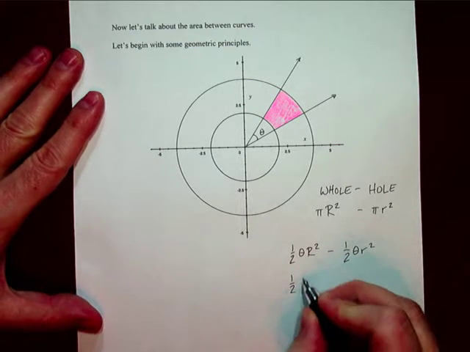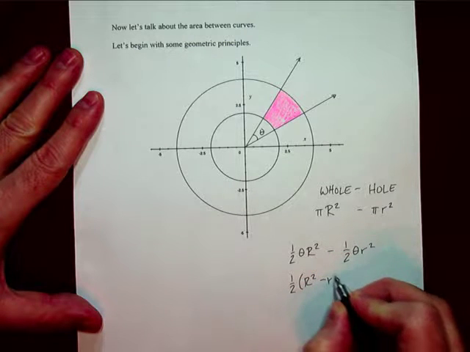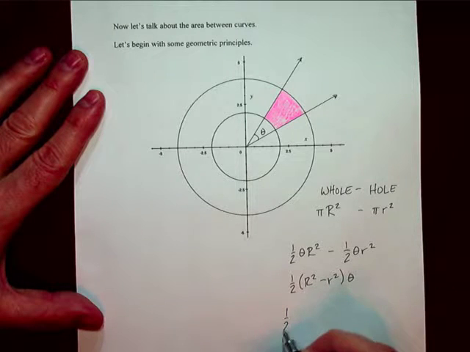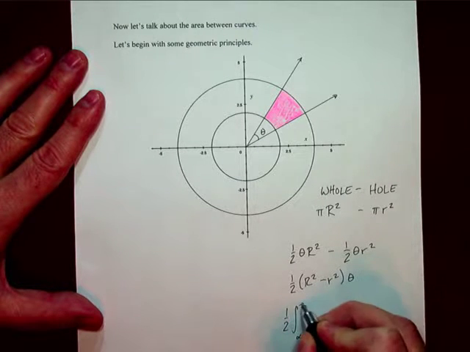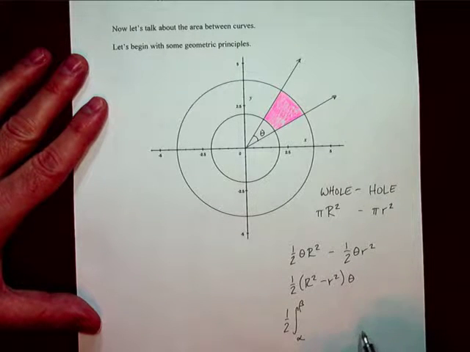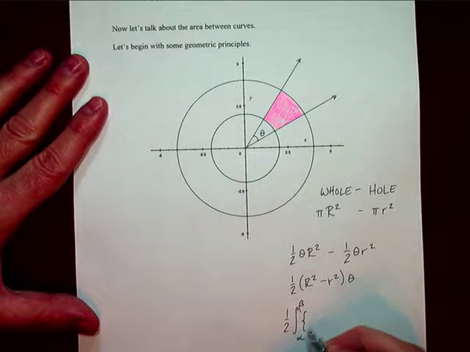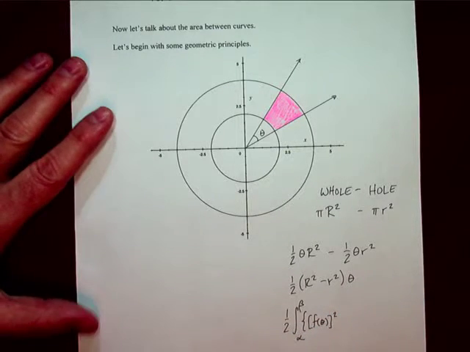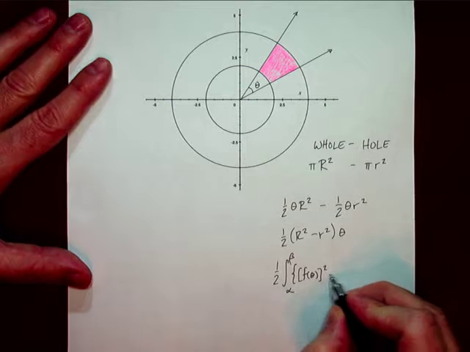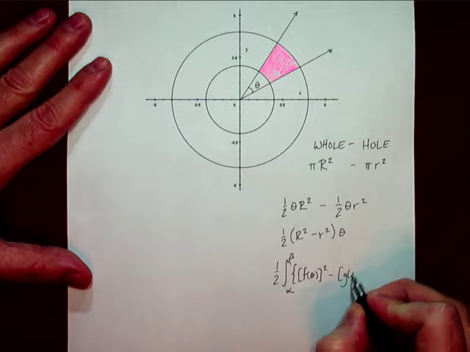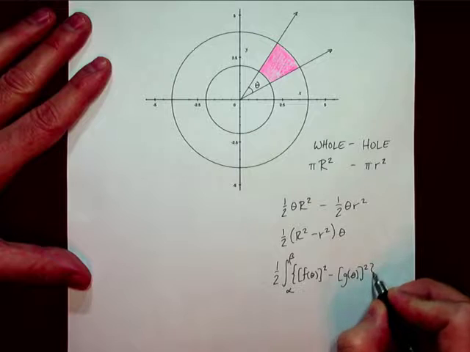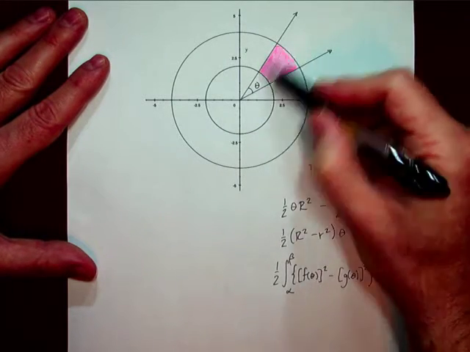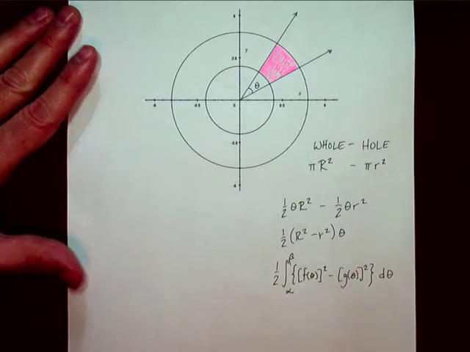This, of course, can be rewritten like this, which has implications for our integrand, because big R will just be whatever we'll use f of theta for, whatever the outside polar equation is, and we'll use g of theta for whatever the inside is, because really what you're doing is basically taking the area of the whole sector and subtracting the area of the small sector.